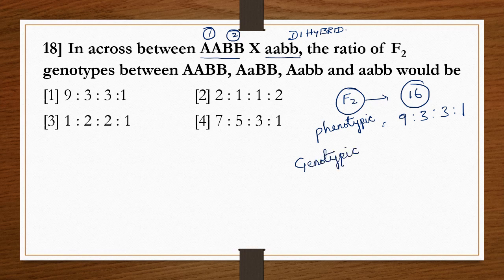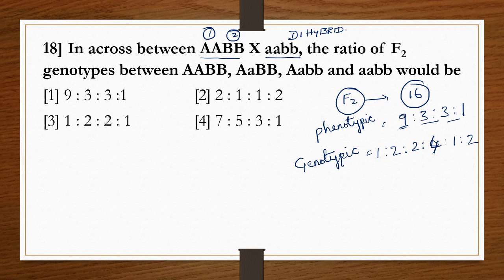For the genotypic ratio, first we need to split the 9. That is 1:2:2:4. Then split the 3, that is 1:2.